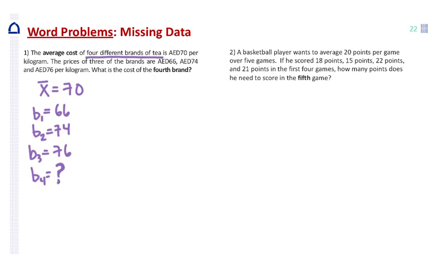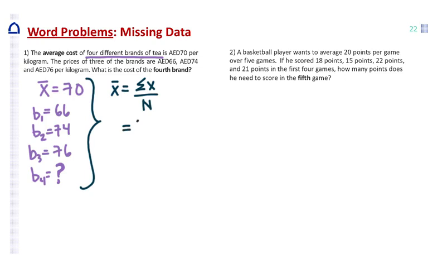So what we can do is we can do it either by algebra or by logic. I'll set up the algebra for you, but then I'm going to show you the logic way that I like to do it. First of all, by algebra, we know the mean is the sum of all the data points divided by the number of data points.